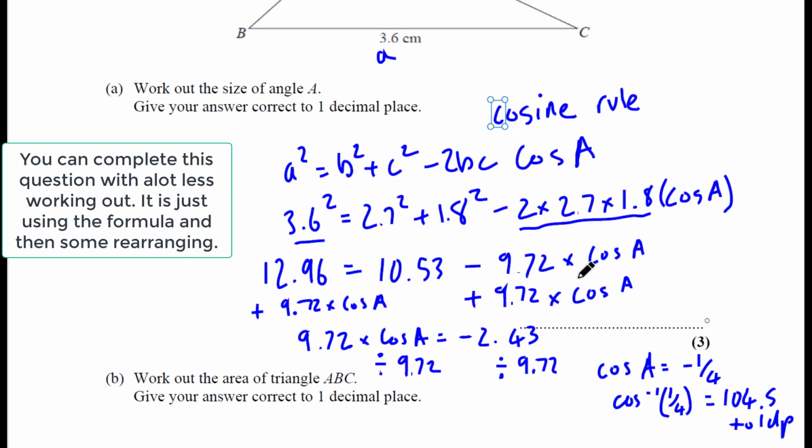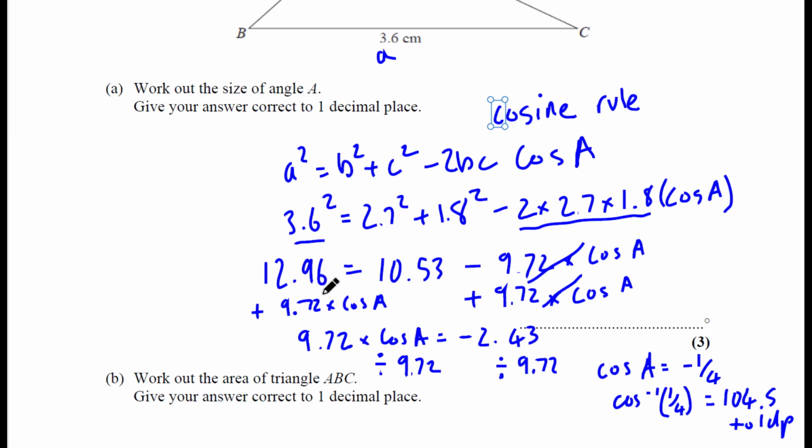I mean, you can cut out loads of this working out to make it simpler for you, but essentially I'm showing you I've plus 9.72 times cos A on both sides to cancel this out, because I want to deal with positive numbers. Now I'm going to minus the 12.96 on both sides to get to minus 2.43. So minusing that from 10.53, then dividing it out by 9.72 for both sides to get cos A on its own, and you should get cos A equals minus a quarter on your calculator, then inverse cos that answer, and you'll get that correct to 1 decimal place, and that is the correct answer.